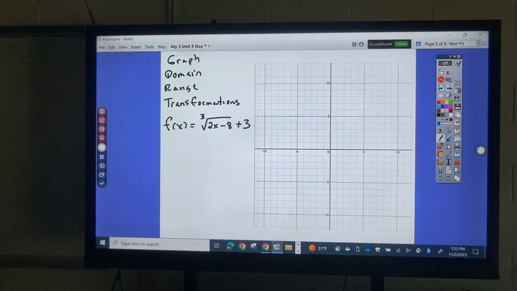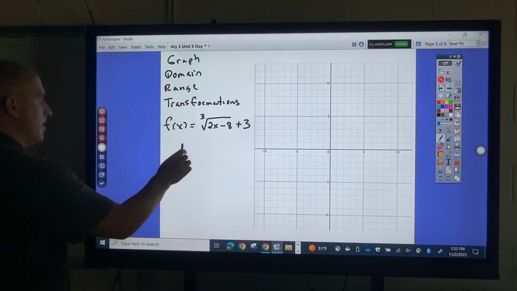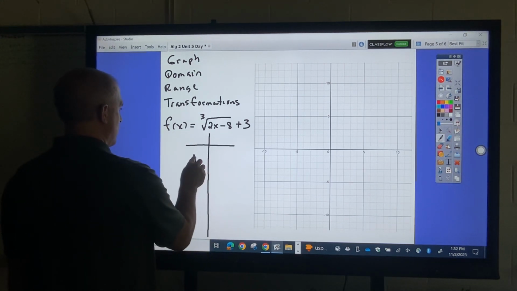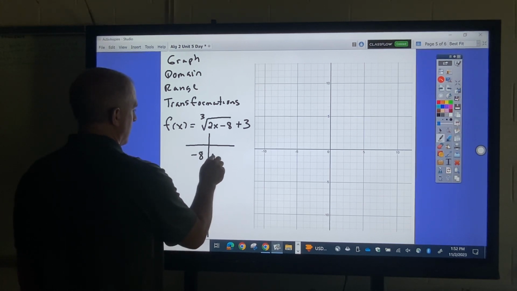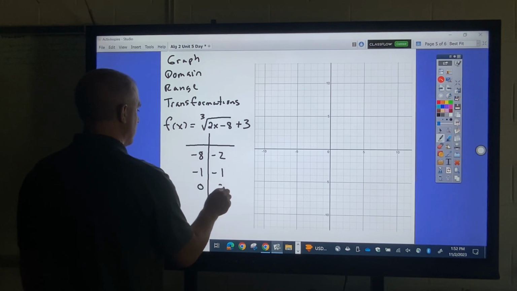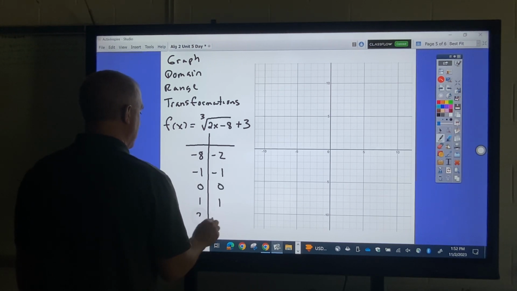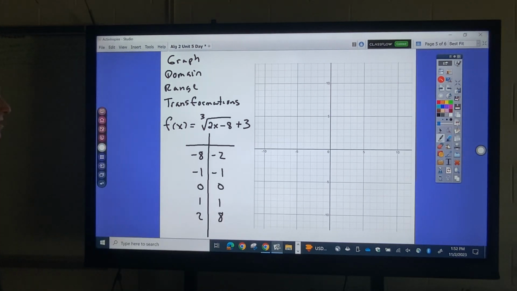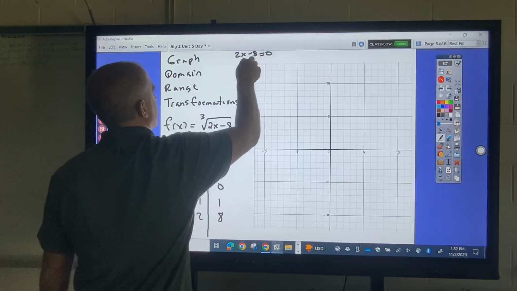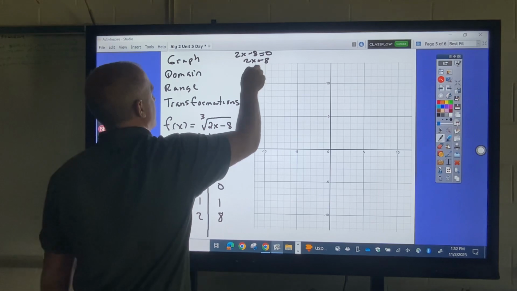Let's do one more. So what I want to do here, I'm going to normally use -8, -2, -1, -1, 0, 0, 1, 1, 2, 8. So if I go to solve the inside, that's going to be 2x equals 8, x equals 4.